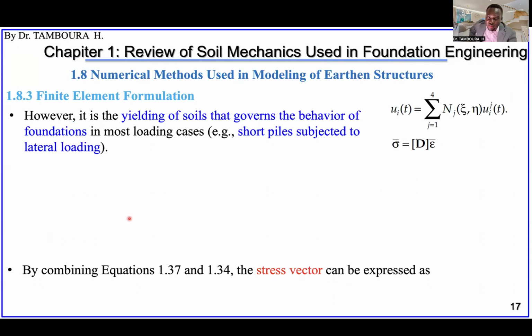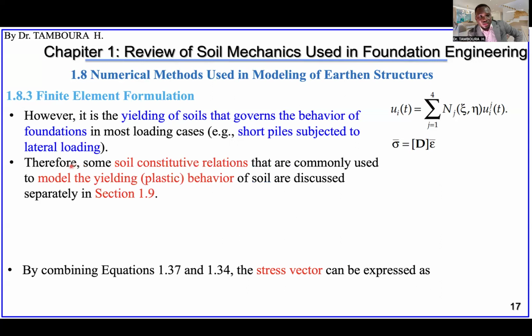However, the yielding of soil is the one that is governing the behavior of foundation in most loading cases, any loading case. What is the meaning of yielding of soil? When the soil behavior becomes plastic, this is what we are calling yielding.